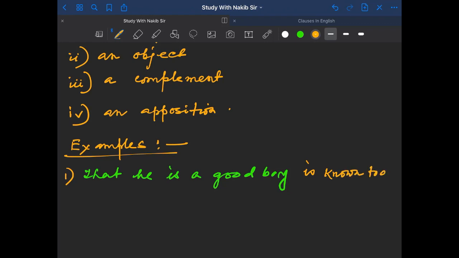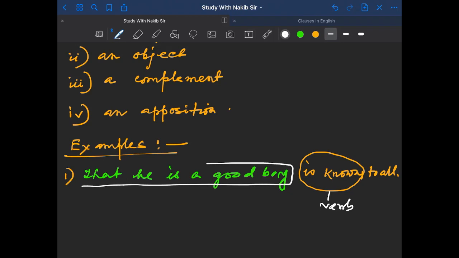Is known is the verb, and this verb is controlled by this. This is the subject of this verb, is known.